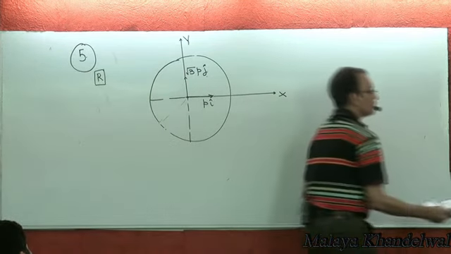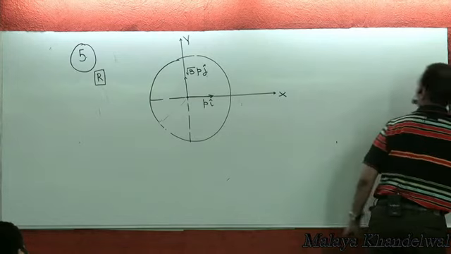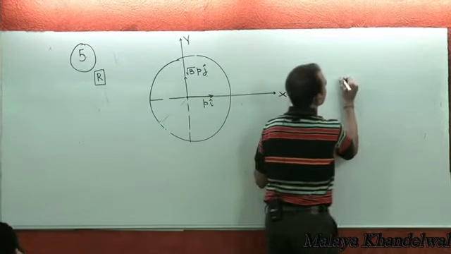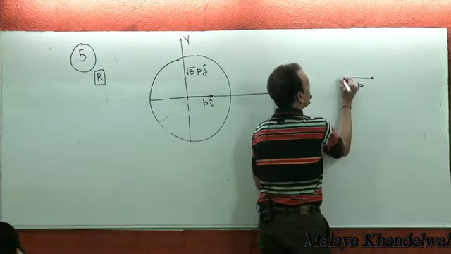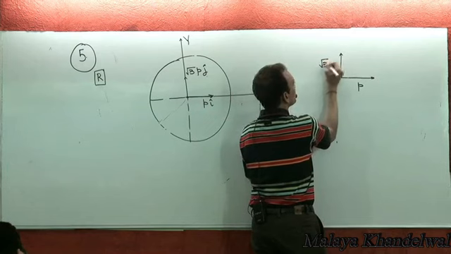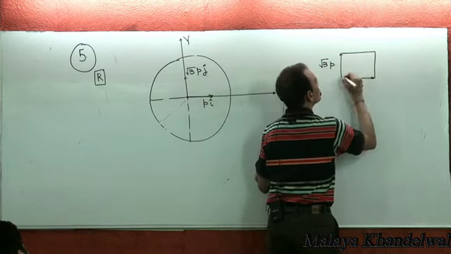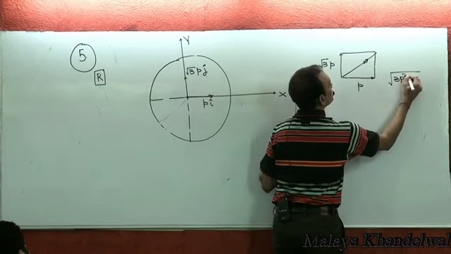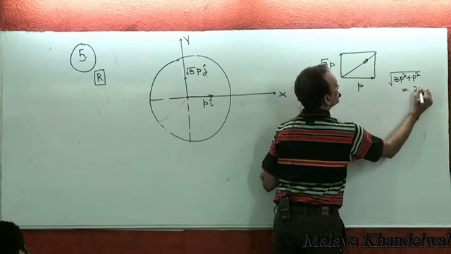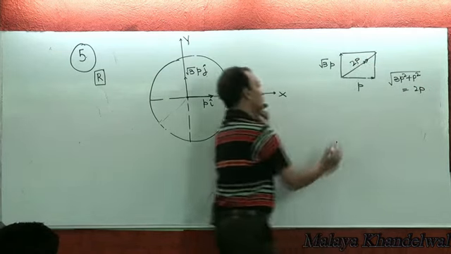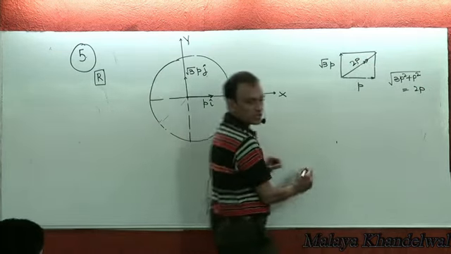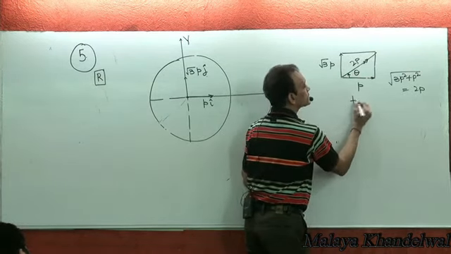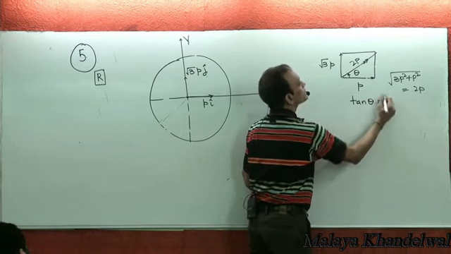Let us first of all reduce this system to a single dipole. Not difficult. If there is a dipole P here and a perpendicular dipole root 3P there, then the net dipole is going to be the resultant of these two, which is root of (root 3P) squared plus P squared, which is 2P. Is the net dipole? Yes or no? And if this angle is theta, then do you see that tan theta is root 3?